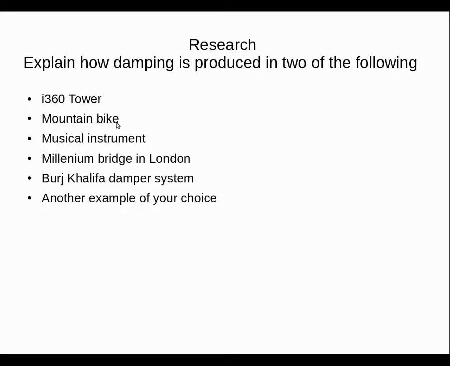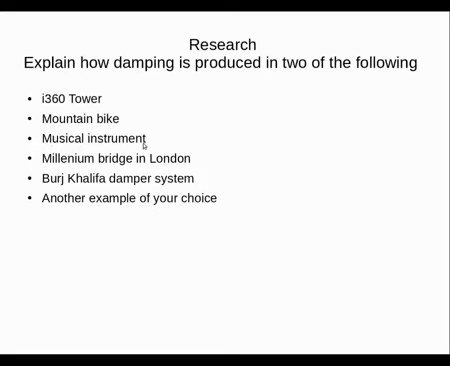Mountain bikes: the one I have doesn't have any suspension. It was such an old bike. But modern mountain bikes, trail bikes, often have front suspension and rear suspension. And the idea would be then to explain what the suspension is that's used to achieve a reduction in vibration of the bike.